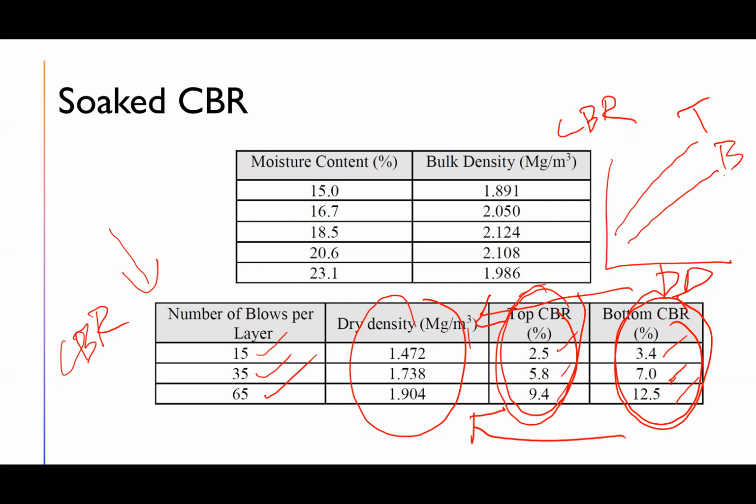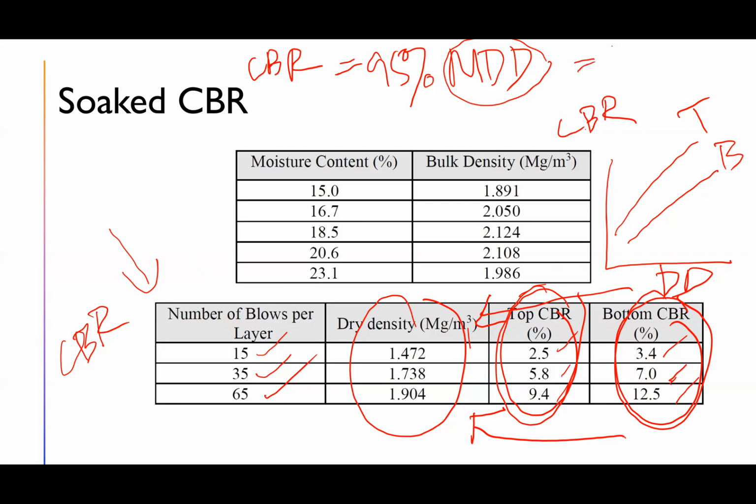If you remember what I mentioned earlier, the second stage is we need to know the CBR value at 95% MDD. Let's say your MDD is, for example, H. Take 95%, 0.95 from H, and you will get Y. Then you refer to the dry density here: what will be the value of Y?